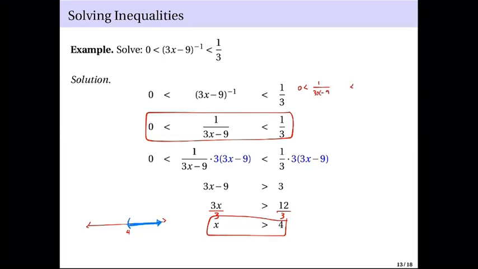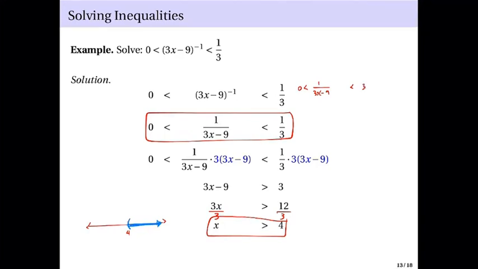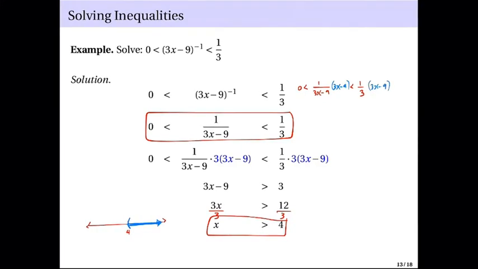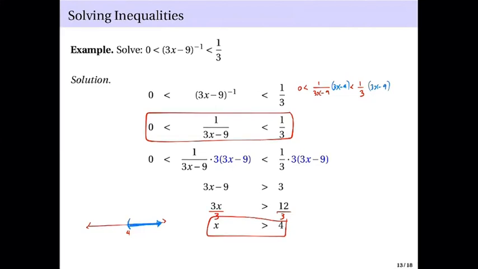And then less than 1/3. Sorry, this guy here, it's 1/3. Okay? And then we multiply all sides by 3x minus 9. And again, in here, we multiply 3x minus 9, but this is 0 anyway. So it's just 0.